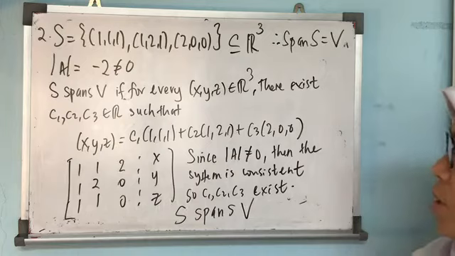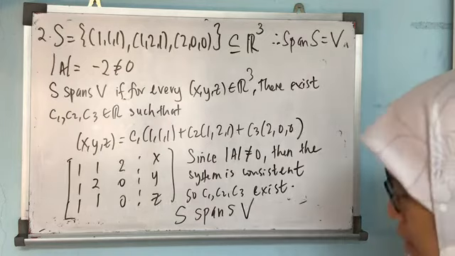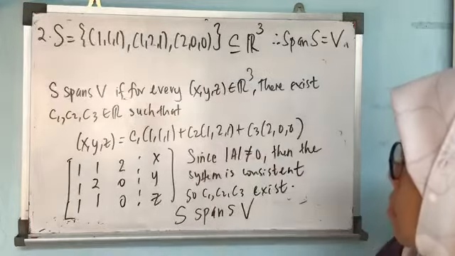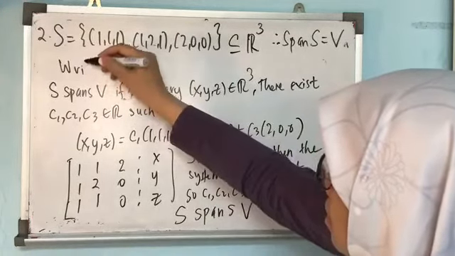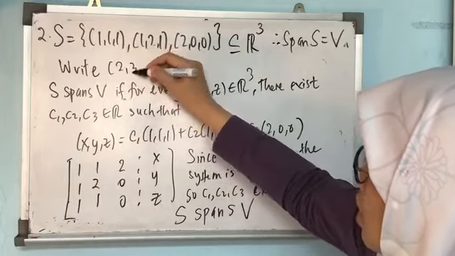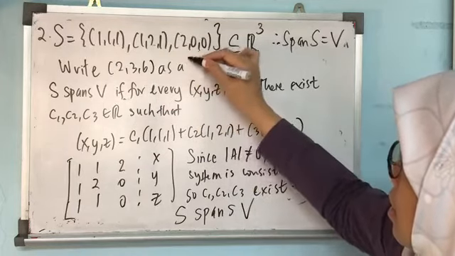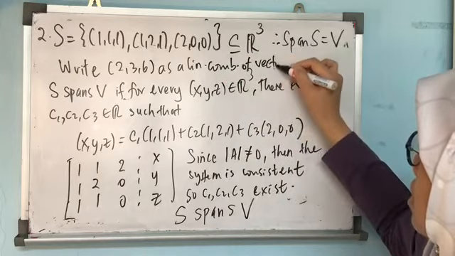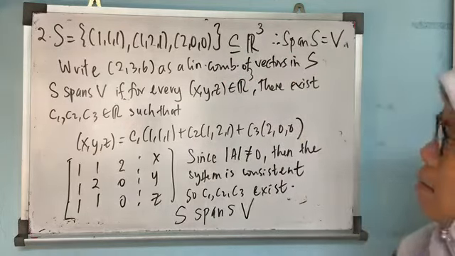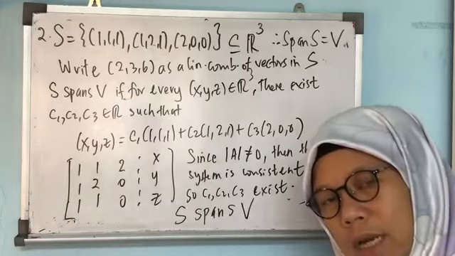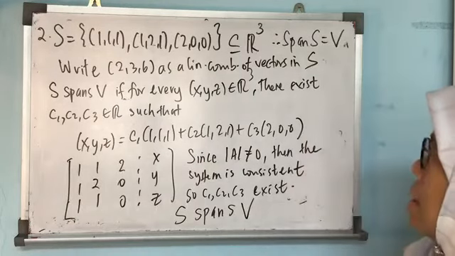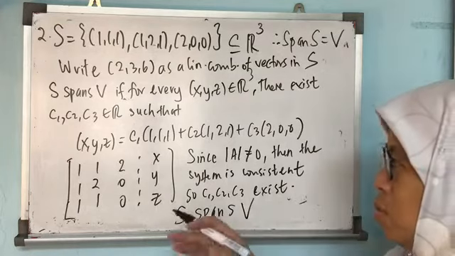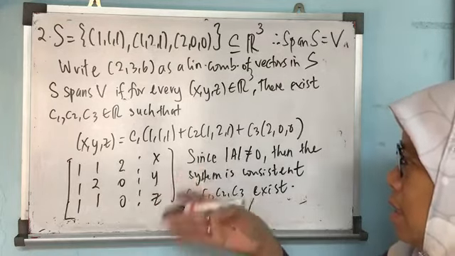But if the next question is to write 2, 3, 6 as a linear combination of the vectors in S, now you have to redo this because you haven't done any here.